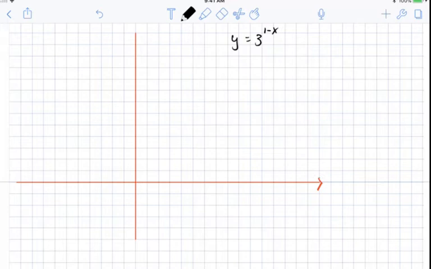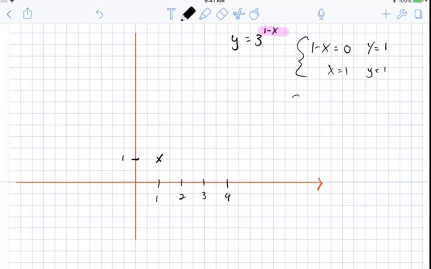First I want to ask myself where the input to the exponential is equal to 0, because I know that at that location y is equal to 1. That's going to happen at x is equal to 1. So I make a note here, 1, 2, 3, 4, and it's going to equal 1 there, so I put a little x on my graph.